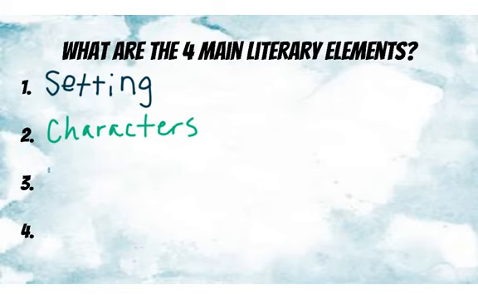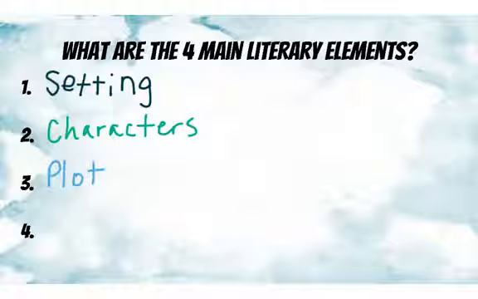Then we had plot. Can you remember what plot was? Yep. The plot is the beginning, the middle, and the end of a story. It's what happens in the story.